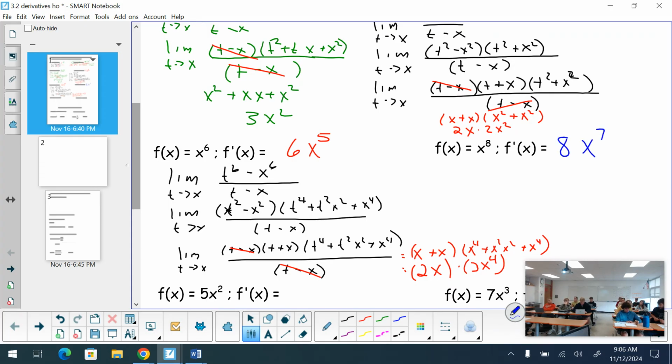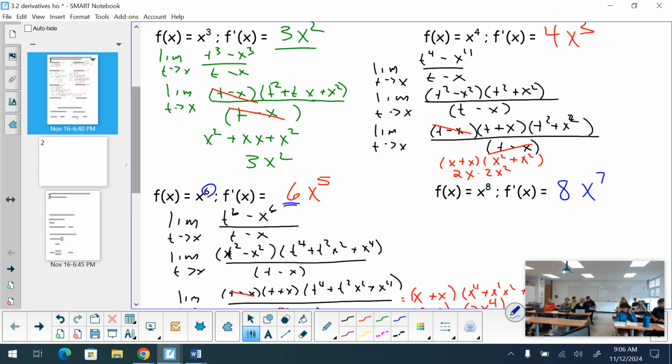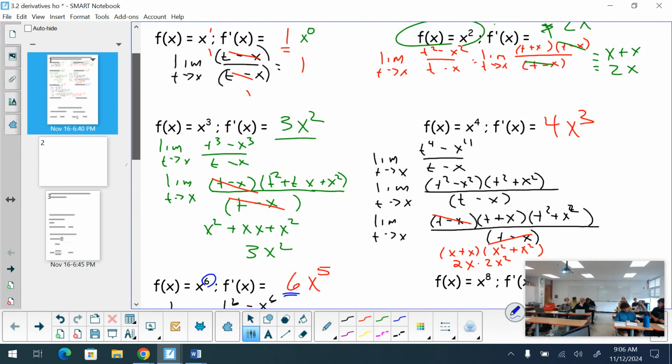What is occurring here in each one of our functions that we dealt with here, my exponent came out to my coefficient. So my 6 came out to the front. My exponent of 4 came out to the front. My exponent of 3 came out to the front. My exponent of 2 came out to the front. My exponent of 1 came out to the front.